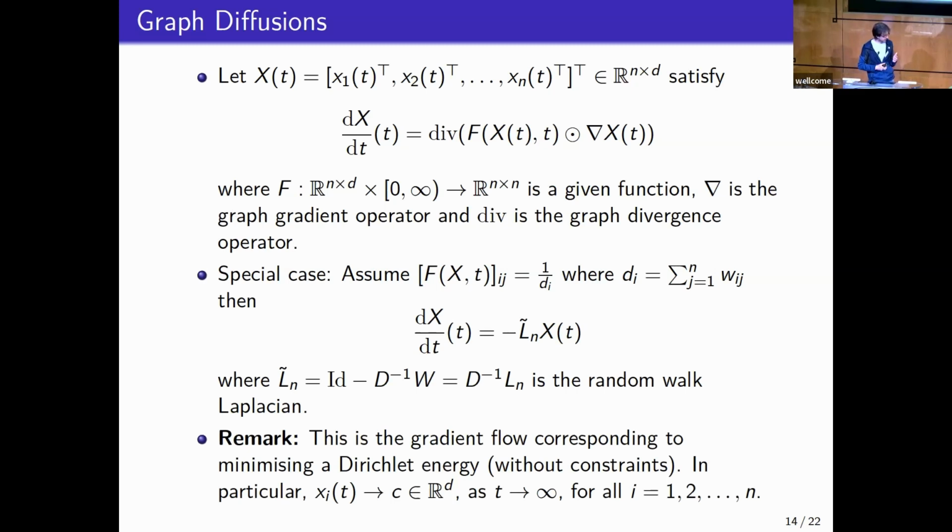Once one writes this down, you can realize that the heat equation corresponds to minimizing a Dirichlet energy. This tells us what we can expect if we take a limit of this equation.